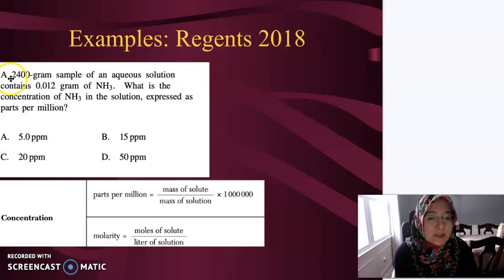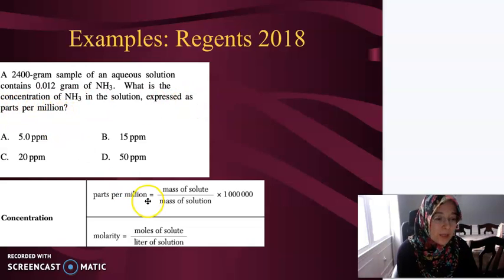So that is the mass of a solution. It contains 0.012 gram of ammonia. That is the mass of solute. What is the concentration of ammonia in the solution expressed as part per million?